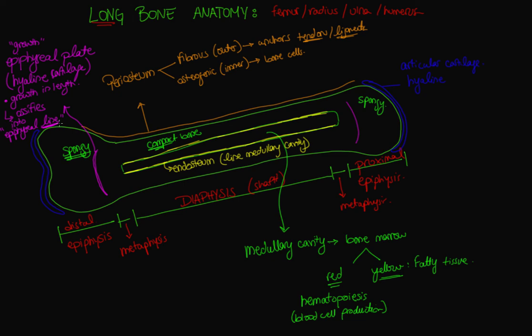Instead, it ossified and became bone tissue. So now we have the remnant, which just looks like a line, and we call it the epiphyseal line. So that is it for long bone anatomy. We've discussed the external as well as the internal structures in a typical long bone.